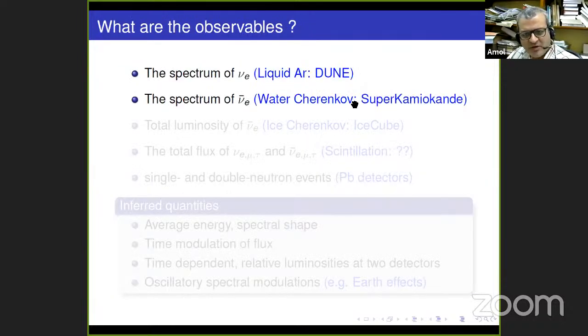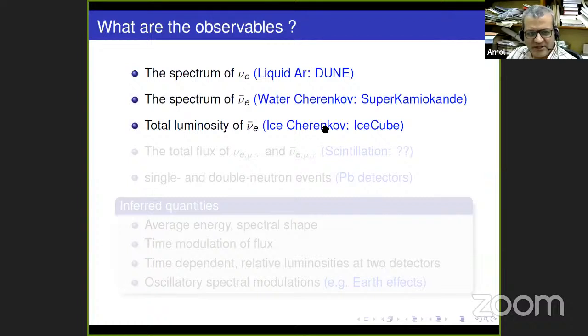In the water Cherenkov, similarly, you can reconstruct the energy of the electron antineutrino, the spectrum of the antineutrino. With a detector like ice Cherenkov, like IceCube, you can see the total luminosity of electron antineutrino. Remember, not of electron neutrino.